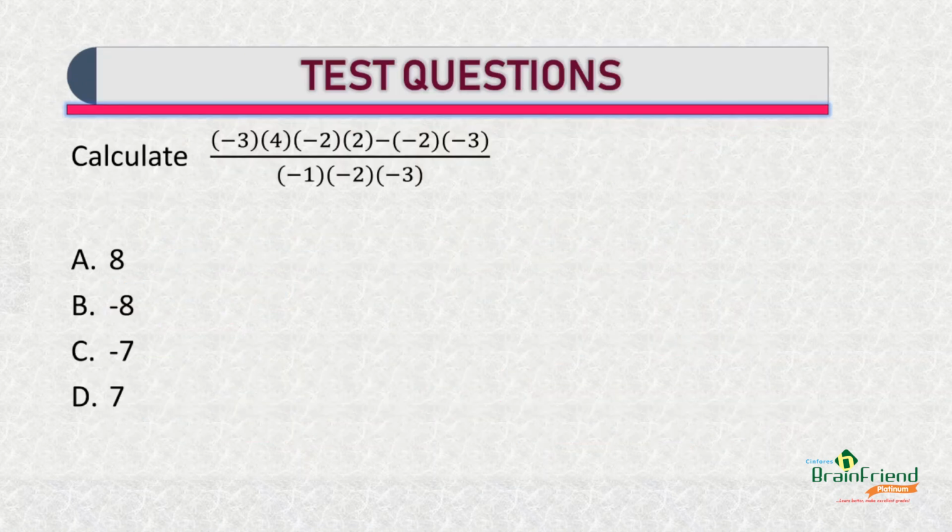Now, let's take a look at some test questions. Question 1. Calculate, open bracket, minus 3, close bracket, open bracket 4, close bracket, open bracket minus 2, close bracket, open bracket 2, close bracket, minus, open bracket, minus 2, close bracket, open bracket minus 3, close bracket, all divided by, open bracket minus 1, close bracket, open bracket minus 2, close bracket, open bracket minus 3, close bracket.